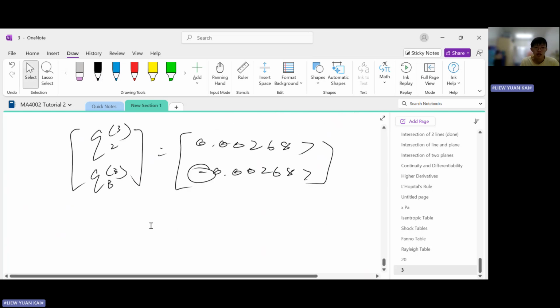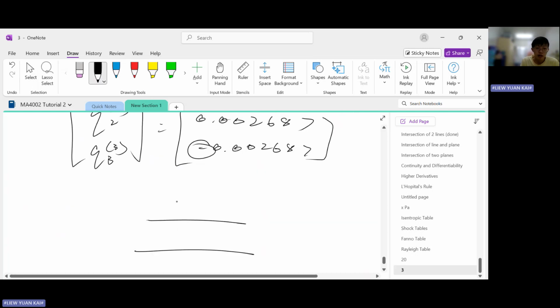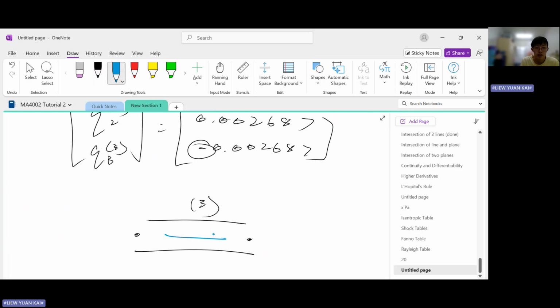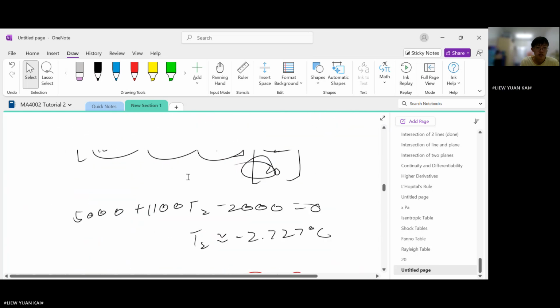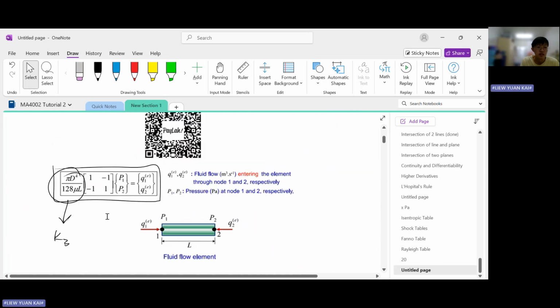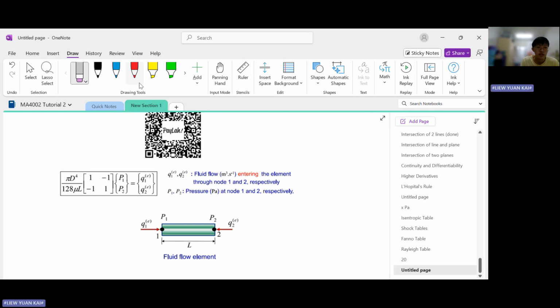Why is there a minus here? It's because of the direction. For pipe 3, fluid should flow in one direction. Let's use common sense first: fluid should flow like this, from node 2 to node 3. But remember, the element equilibrium equation formula was based on this diagram, which shows fluid flowing into the pipe on both faces.